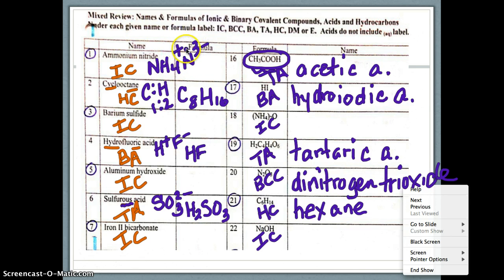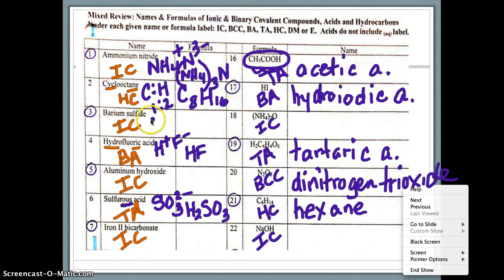In order for these charges to balance out, I have got to have 3 ammonium ions. So my end formula is going to be NH4 in parentheses. If I have more than 1 polyatomic ion, I put it in parentheses. I put a 3 on the outside, and then I'm going to put my nitride right there.